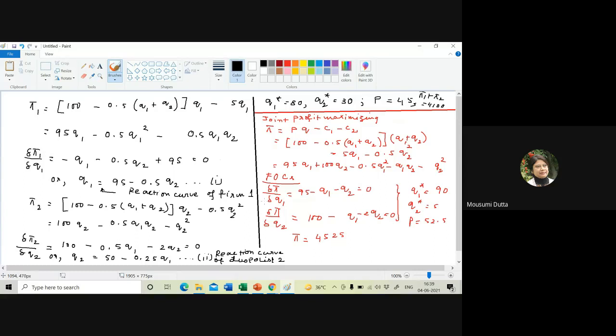Okay, so each of the models has different aspects. In case of joint profit maximization, there is less uncertainty and higher profit under all circumstances. Whereas in the Cournot model, this is a strategic behavior. Your output decision will be something else, and therefore the profit will be something else.